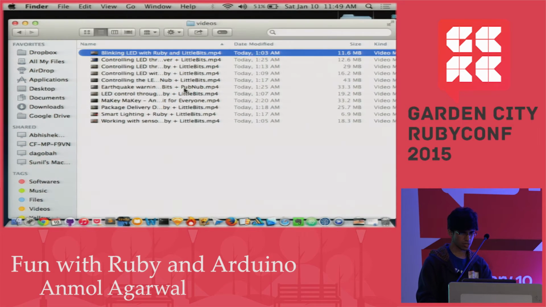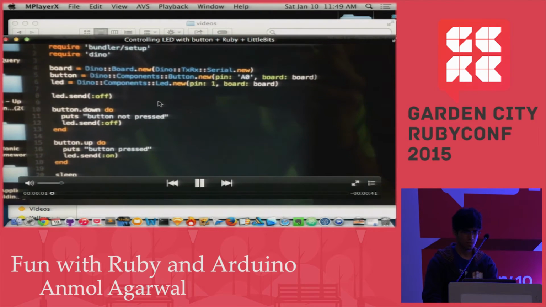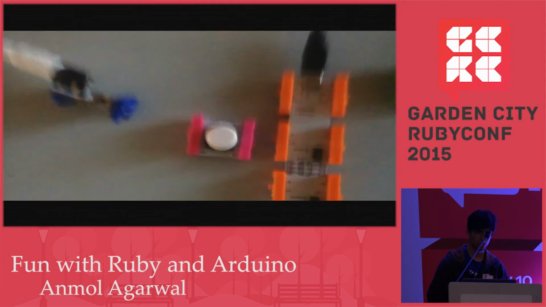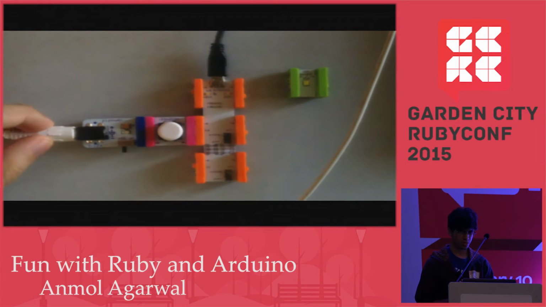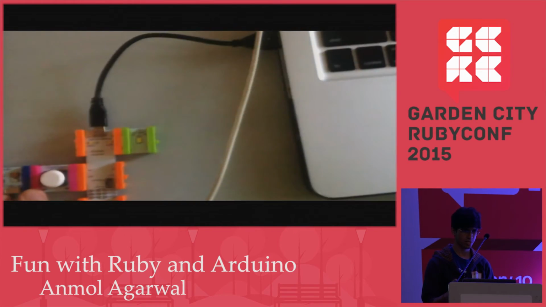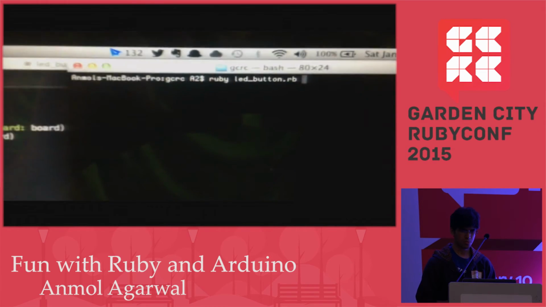So if we look at the video of that, it's almost the same code. I'm connecting it live. So the pink color that you see is the button, the green color is the LED. So all the components are color coded too.